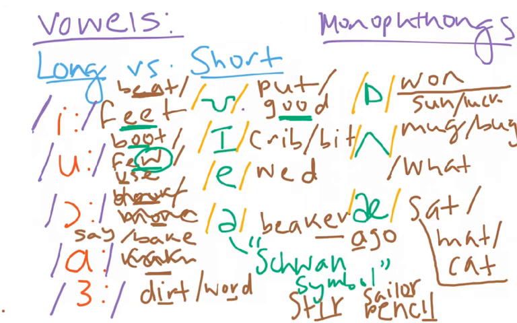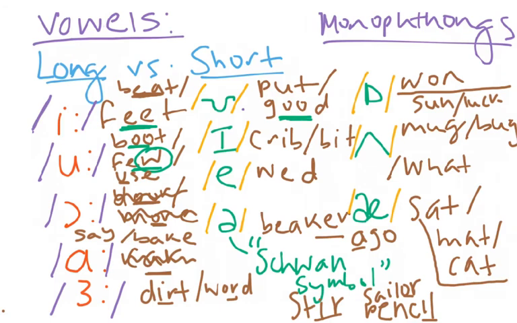Another example would be the word head. I'm going to spell it out for you because it's not H-E-D, but H-E-A-D with an E-A spelling. So that's another grapheme, or way of spelling the sound eh.